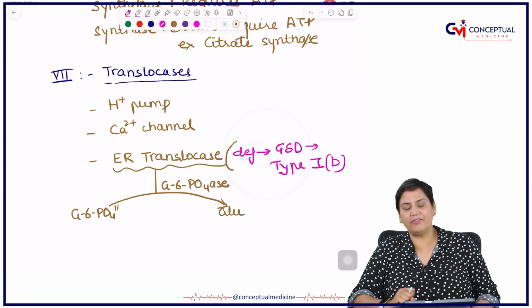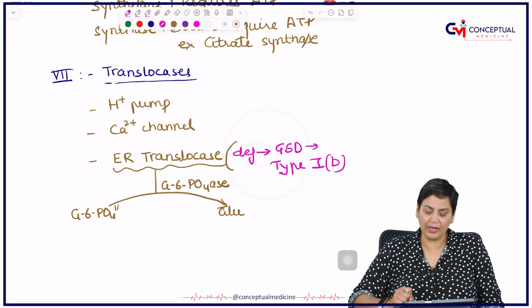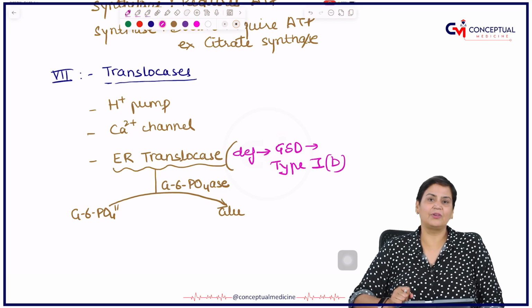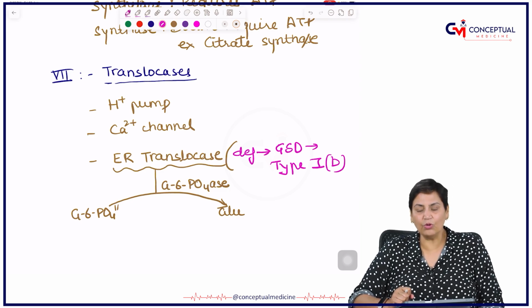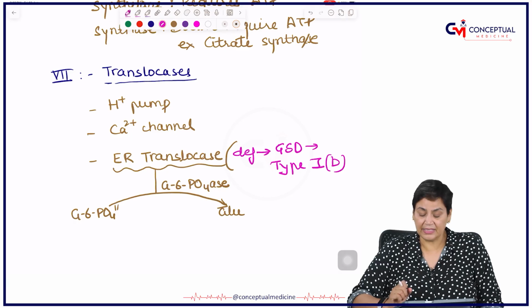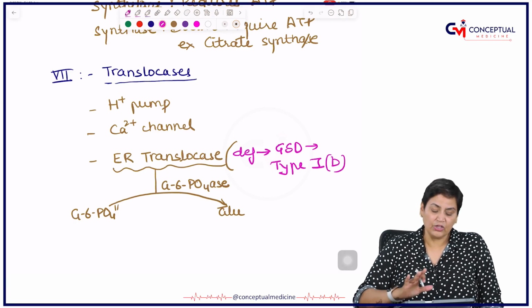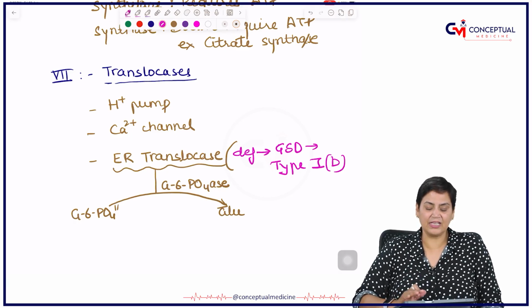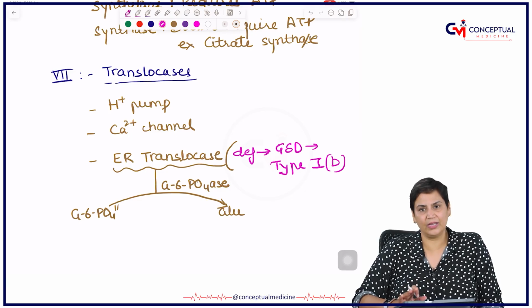But here if an infant is born with type 1b endoplasmic reticulum translocase disorder, he is more prone to sepsis, more prone to infections because of neutropenia. This is the basic difference. Okay. So this is class 7 which has been recently added, translocases.